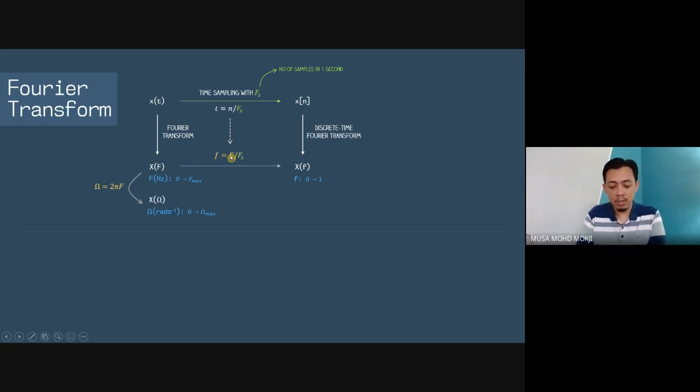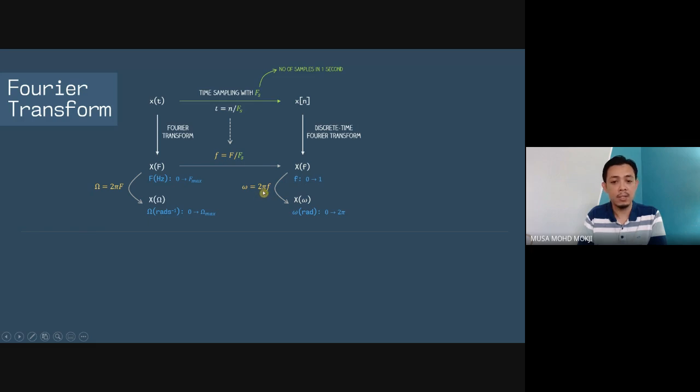Because this is a division, we call it a ratio, so we can call it the frequency ratio. And because the range is from 0 up to 1, we can also call it normalized frequency. Either one. And the same thing, this small f can be multiplied by 2 pi, because we are still using the same decomposition of signals using sinusoidal sine and cosine signals.